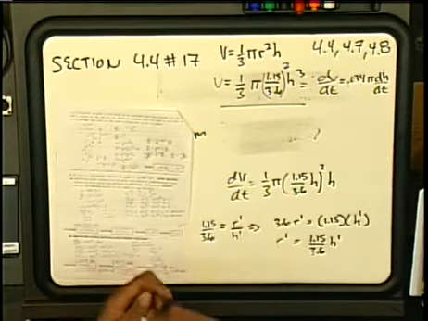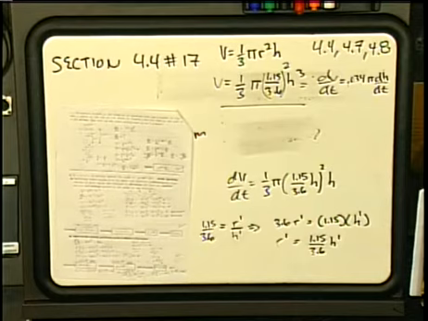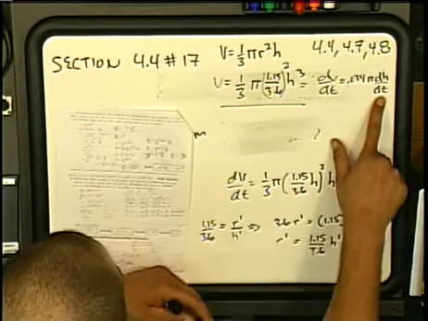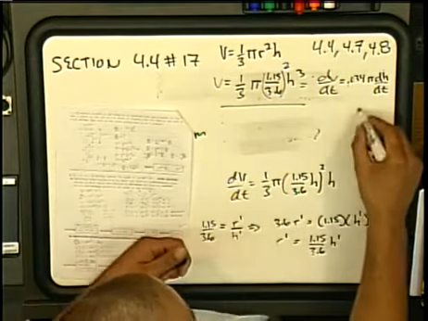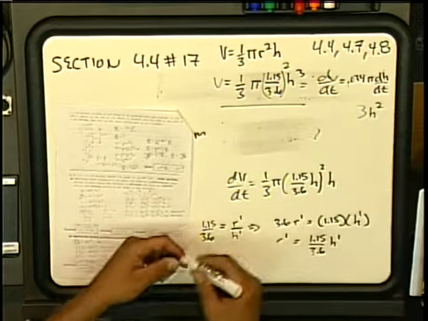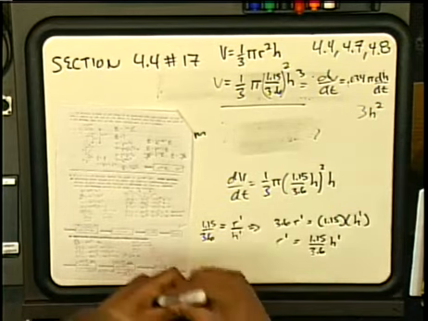We have to do dh dt. You mean like 3H squared? And then put that in here.